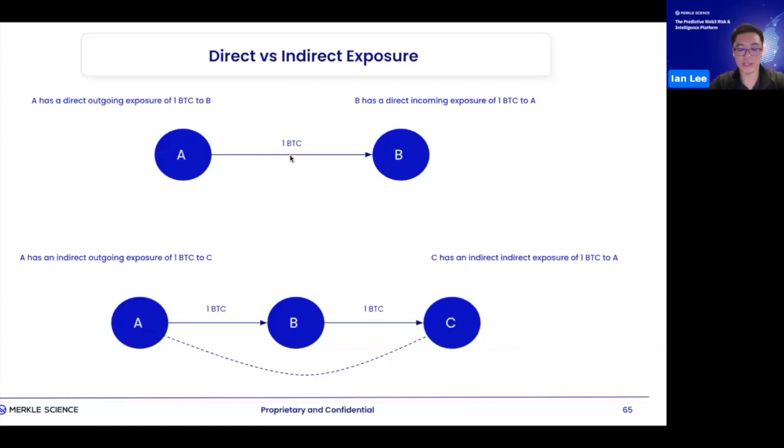Because the blockchain provides us full transparency into every single address and all their transaction history, what that means is we can see all of the transactions that address A has conducted.